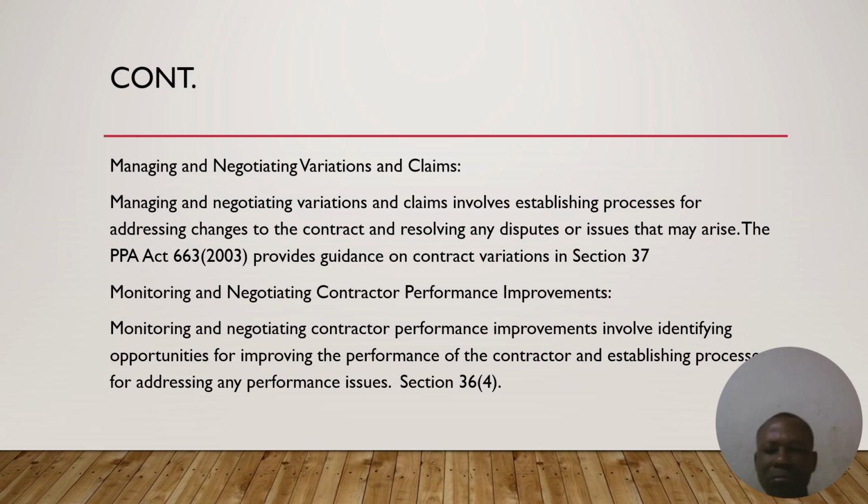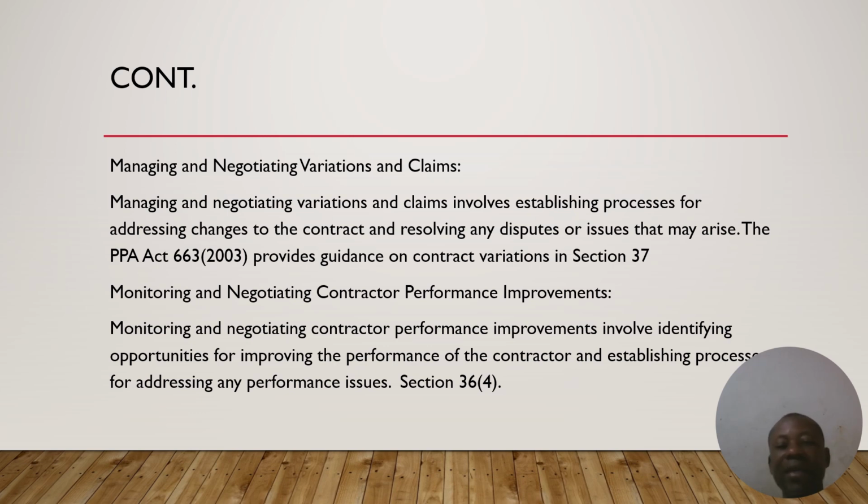Now, we also talk about managing and negotiating variations and claims. As I've told you, sometimes in the process of executing the task, we can make certain adjustments in the course of delivering the contract.